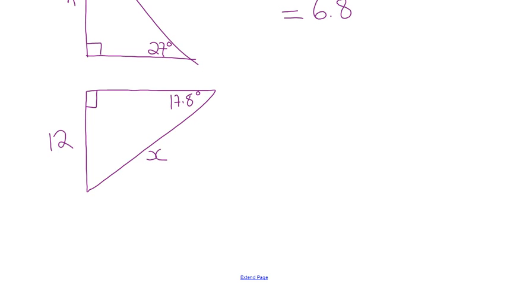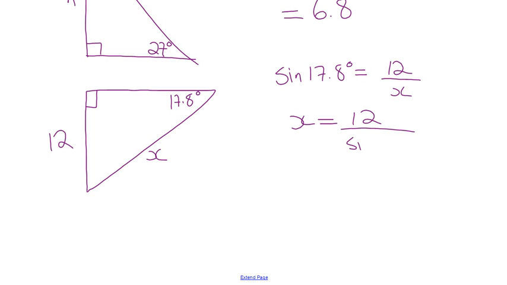So we set it up right. Sine 17.8 degrees is opposite over hypotenuse. We know the rearrangement now. It's going to be 12 divided by the sine of 17.8 degrees. Is it longer than 12 or shorter than 12? Longer. It's the hypotenuse, it has to be the longest side. And what do we get? 39.3.